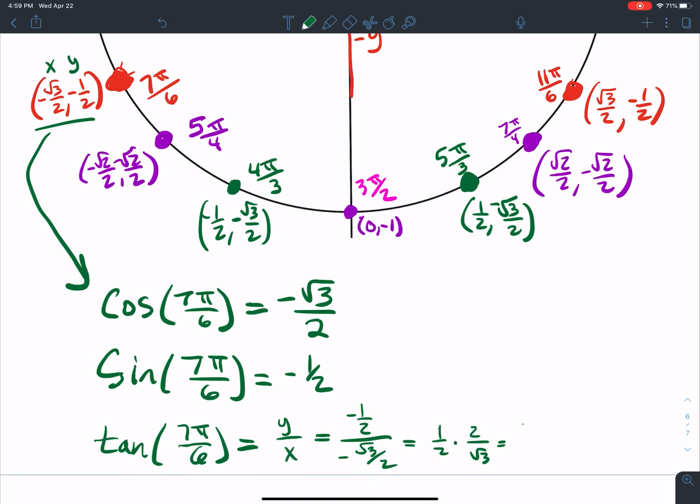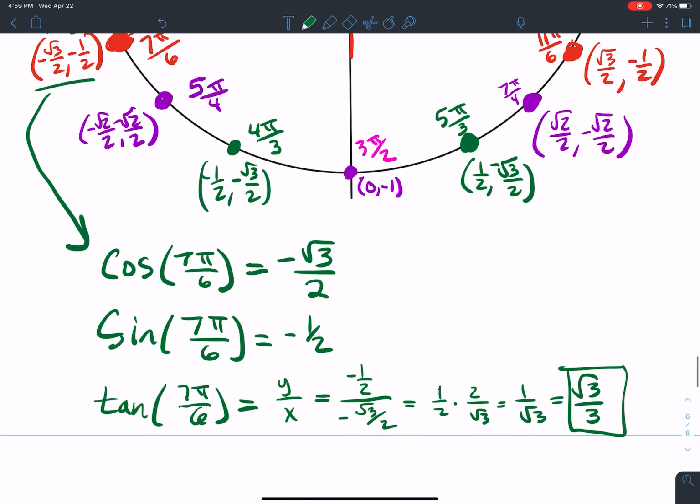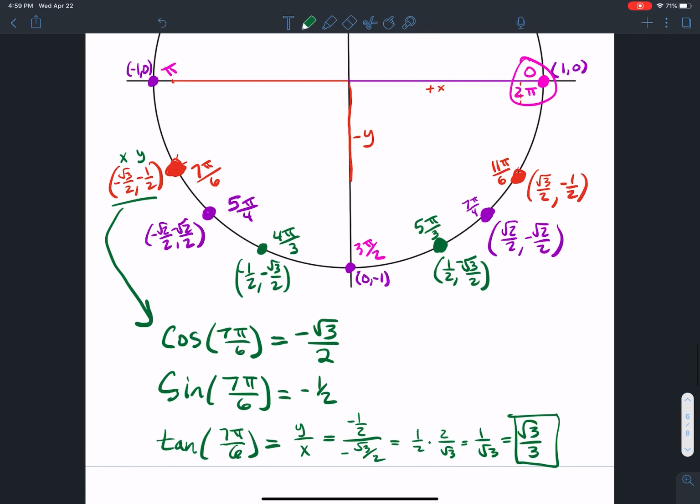I get 1 over square root of 3, which is square root of 3 over 3. Okay, so you can run through that game with your cotangent and cosecant and secants, and you can get the other 3 trigonometric function outputs for 7 pi over 6 if you want to at your own leisure.